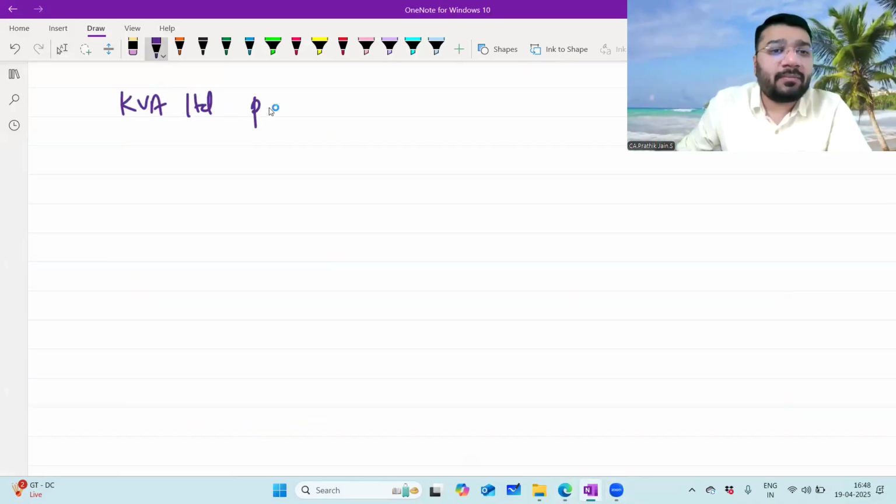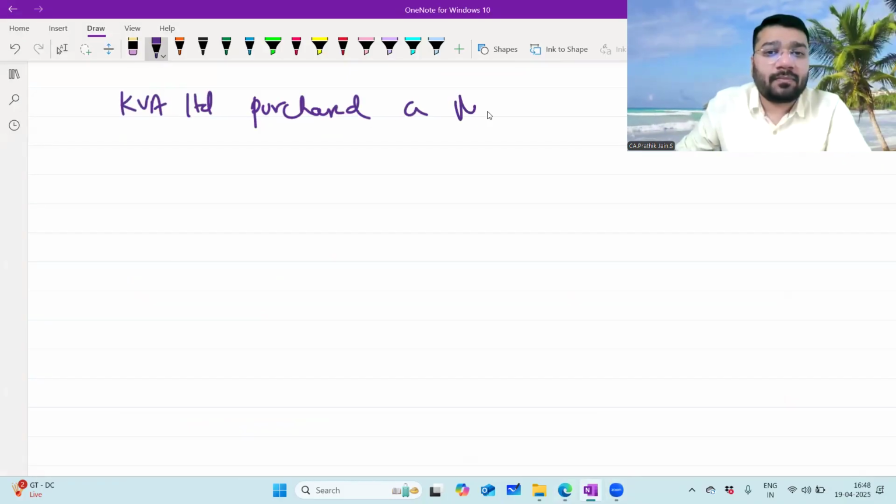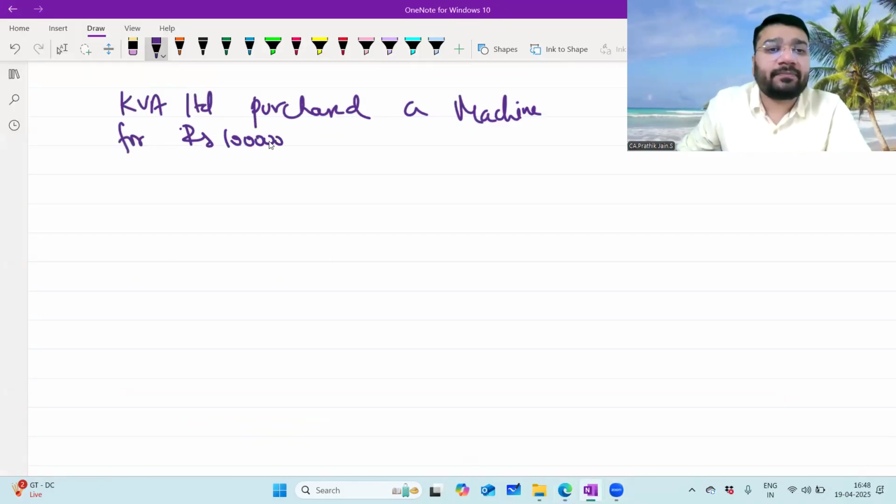KVA Limited purchased a machine for rupees 1 lakh on 1/4/23.